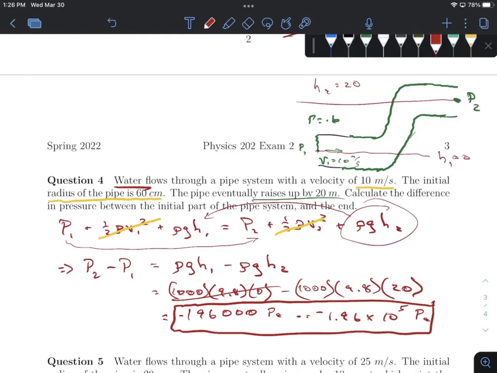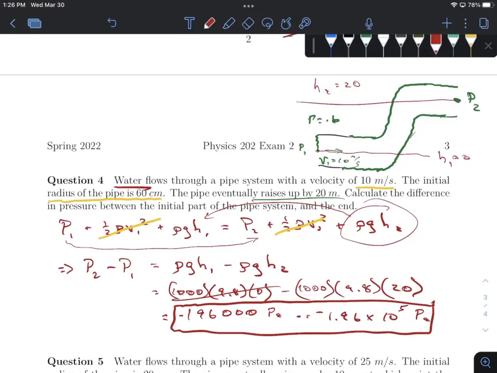So this is important. This is a Bernoulli problem, so we know to use Bernoulli's equation. But on the one hand, it's easier because not everything in the system changes. The size of the pipe doesn't change, so all the terms that have to do with velocity just drop away. But on the other hand, it's tricky because the question tells you about the velocity, so it makes you think you may need it.